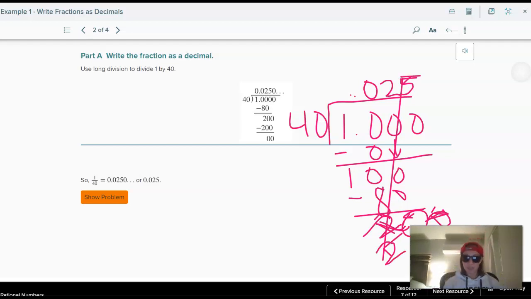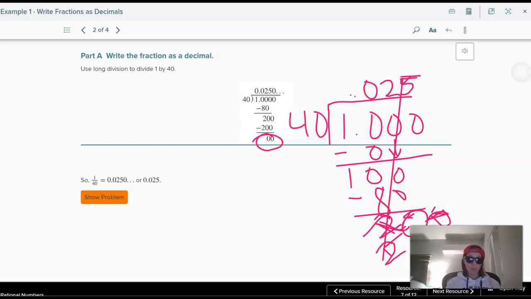Okay, so anyway, you can see over here, when we multiply 5 times 40, it's 200. So we get a remainder of 0. If you end up with a remainder of 0, this is how you know that it's going to be a terminating decimal. When you divide the top by the bottom and you get no remainder, then this is just going to have zeros that repeat.